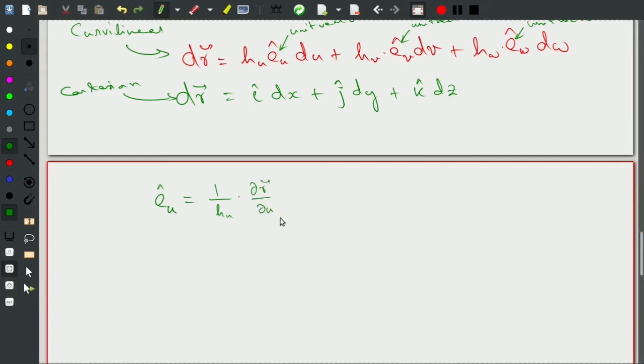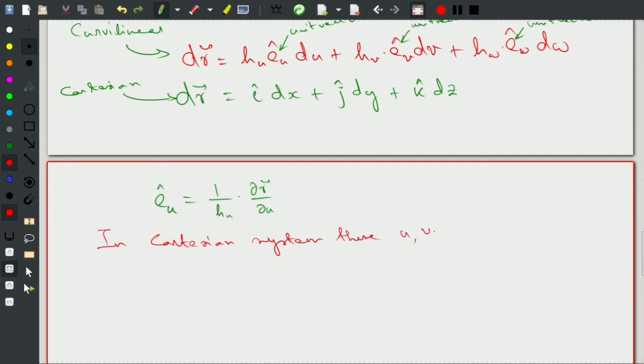In the Cartesian system, this u, v and w are nothing but x, y and z.